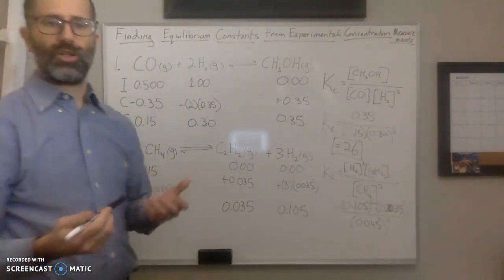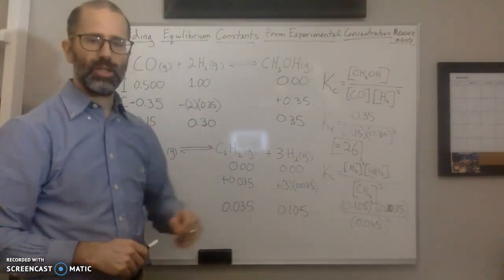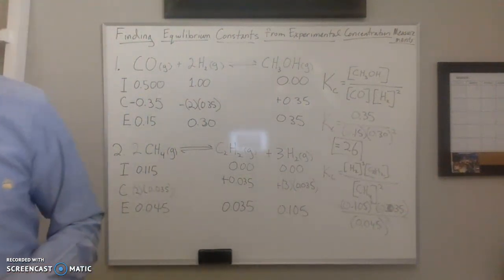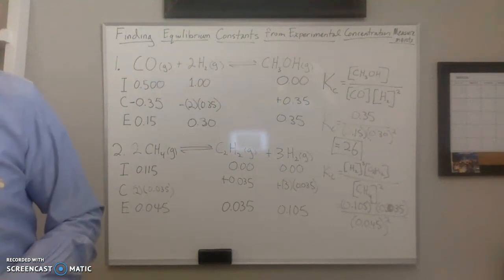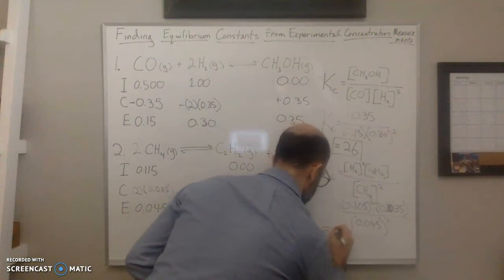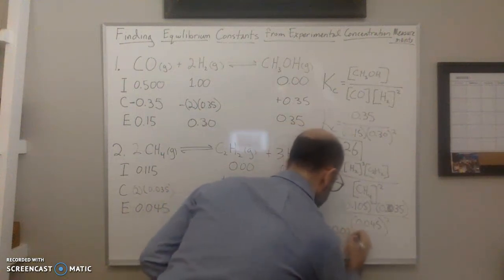And so now all I need to do is plug this into my calculator, calculate it out, and it comes out to 0.020. So the final answer is 0.020 for the Kc.